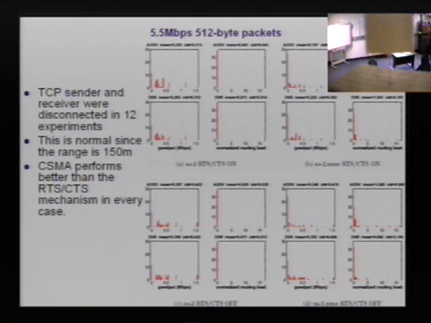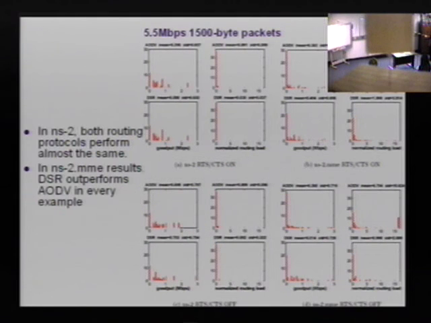So in every case, even in NS2 enemy or NS2, the RTS CTS mechanism is worse. We see the same thing even if we increase the packet size. Again, RTS CTS degrades the performance.